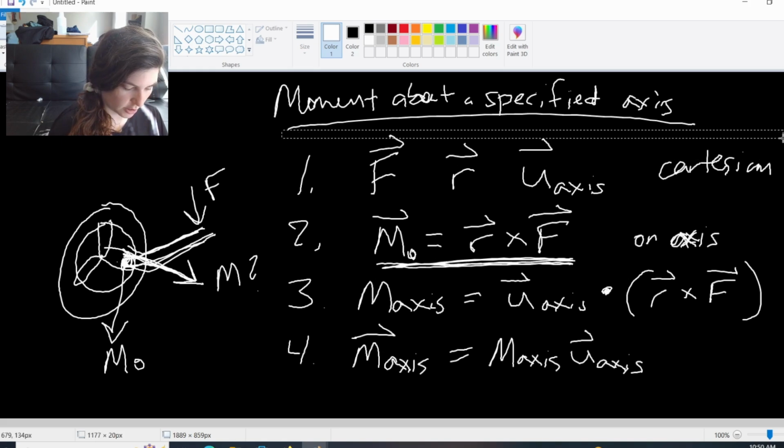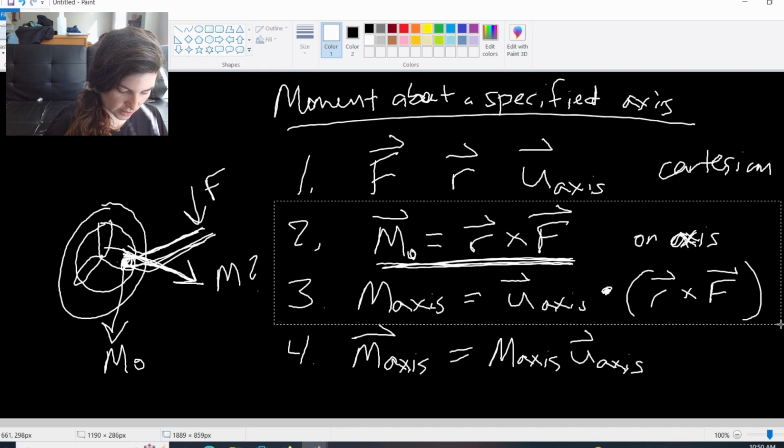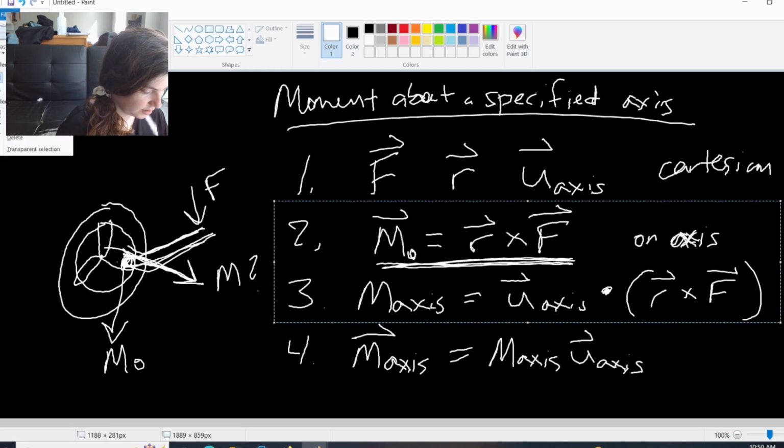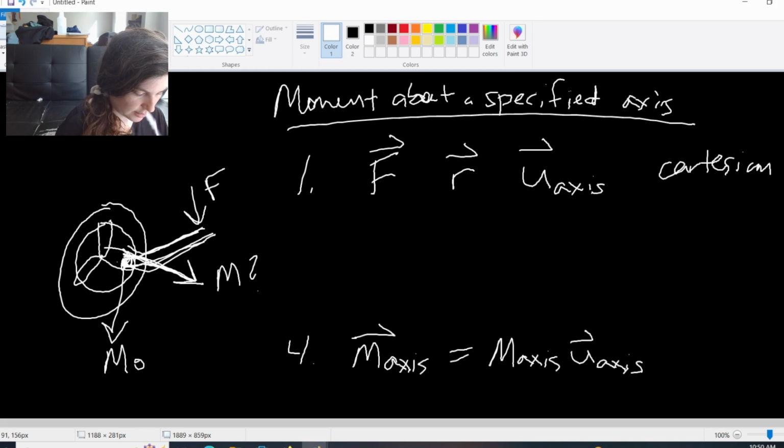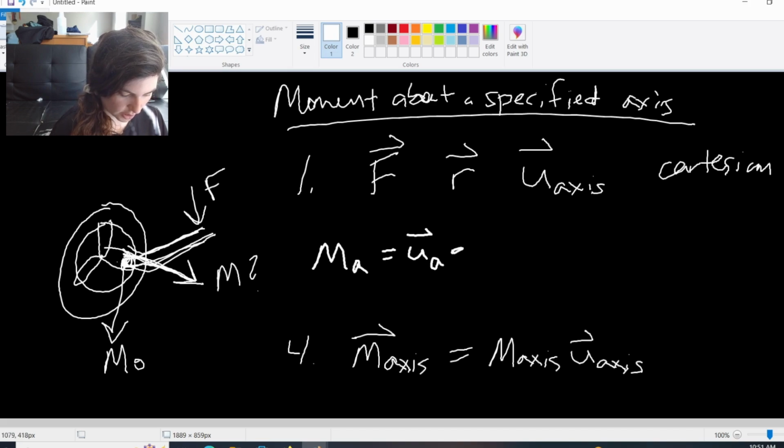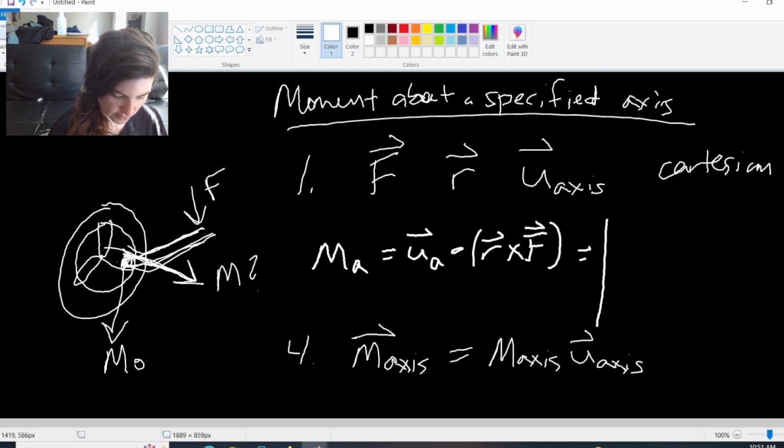Of course, we'll always have to put them in Cartesian form. I'm going to keep that there. But steps 2 and 3 can be combined into this handy dandy equation, I'll write this a little bit bigger: the moment about the axis is going to be that unit vector about the axis dotted with R cross F. We can rewrite this as the x component of the unit vector, the y component of the unit vector, and the z component of the unit vector, replacing i, j, and k in our cross product.